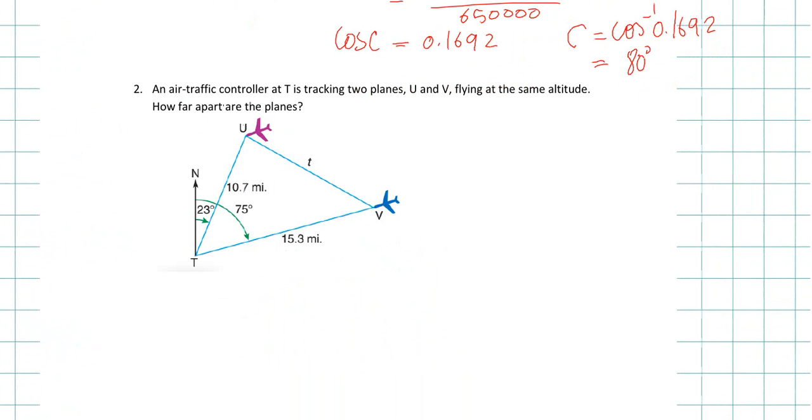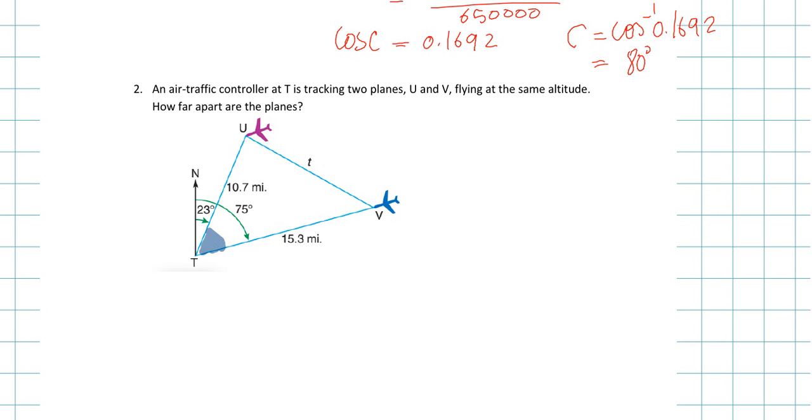I'm hearing two answers, 52 or 75. 52? Okay, why 52? That's right, because my contained angle is this angle. The 75 degrees is from the north, but this is not my contained angle. My contained angle is between the two lines.